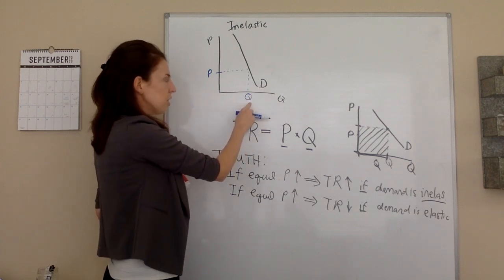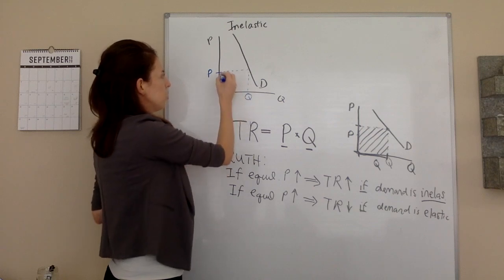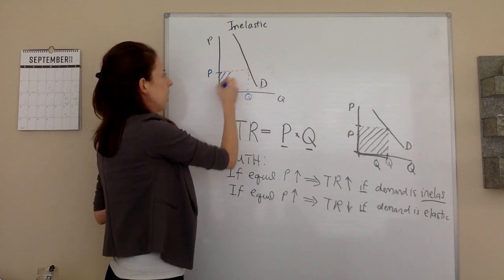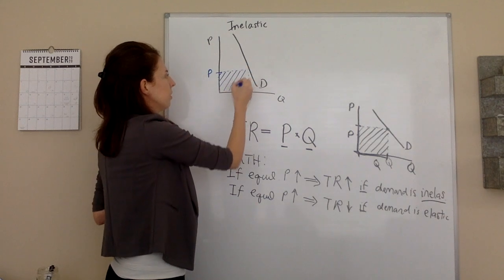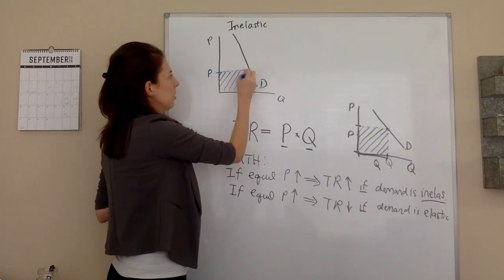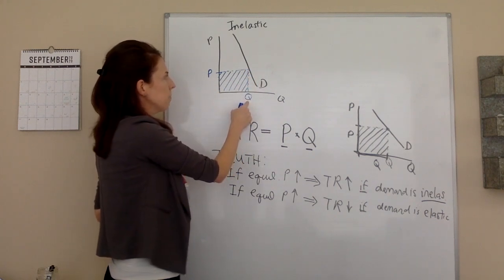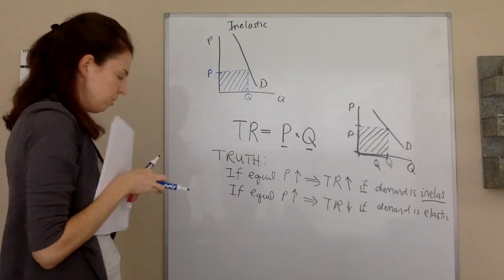And so originally in the market, the total revenue for a firm is going to be the area that I'm shading. So it's going to be the product of the equilibrium market price times the quantity. So that's the first thing to note.